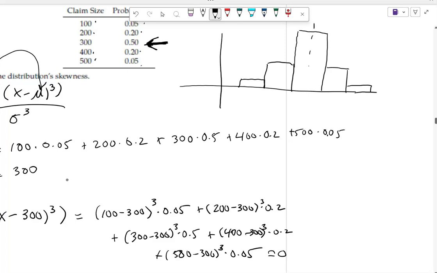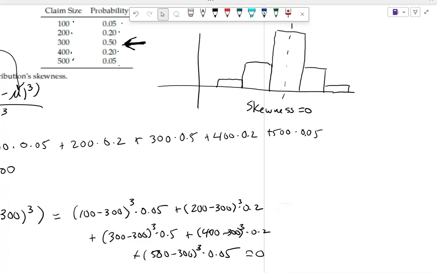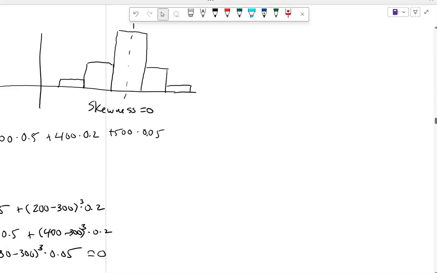And that's symmetric right about the mean, right? So that would be why our skewness is 0 here. Okay. But what would happen if you had maybe something that looks like this for a distribution?